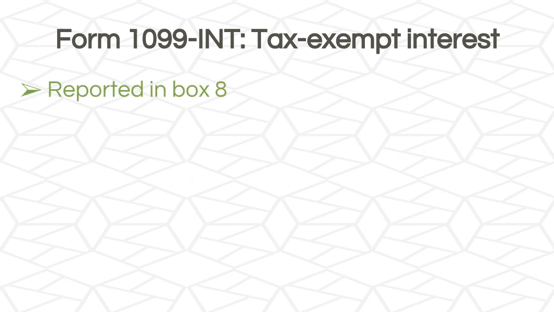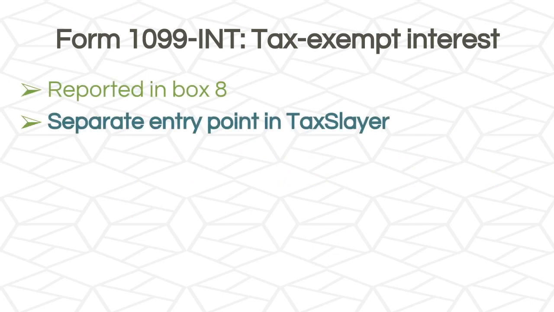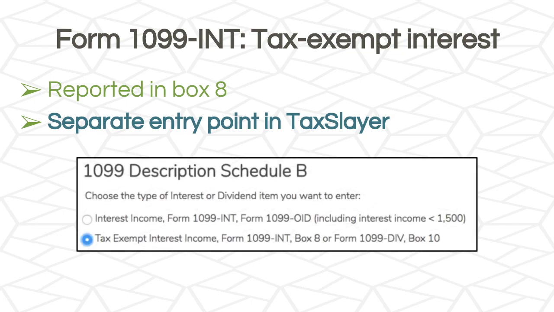Now in box 8, we have tax-exempt interest, and this has a separate entry point in TaxSlayer. You'll see in the screenshot that when we click on interest and dividends, we're given all of these boxes, and we want to check the second option, which is for tax-exempt interest income.